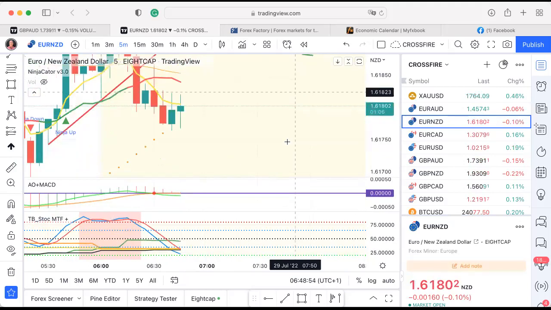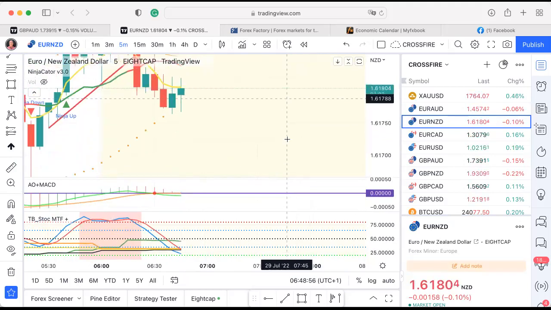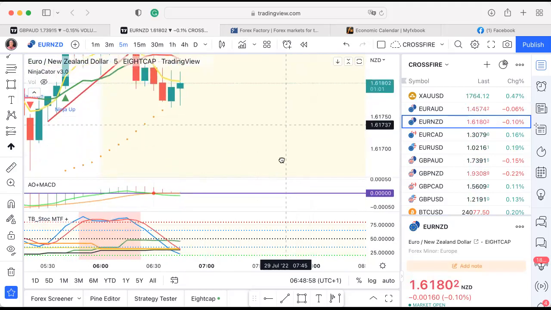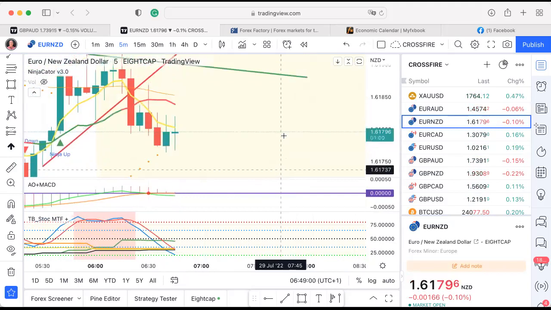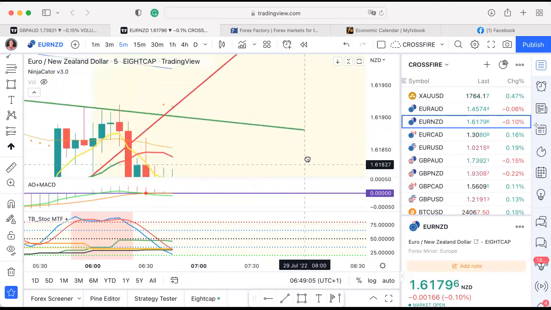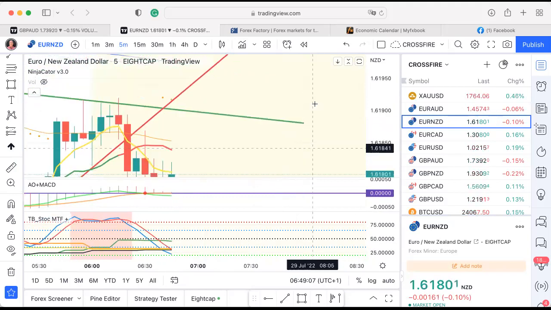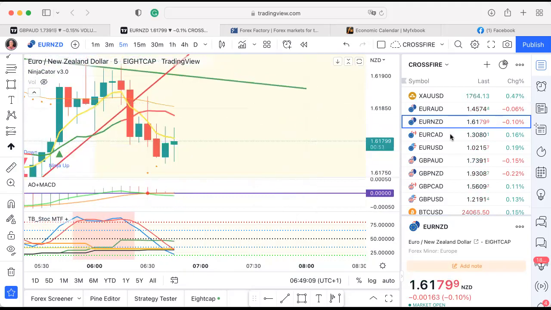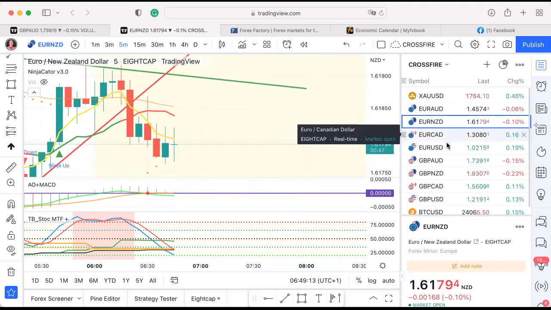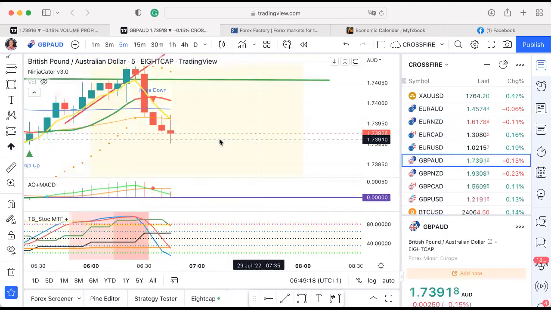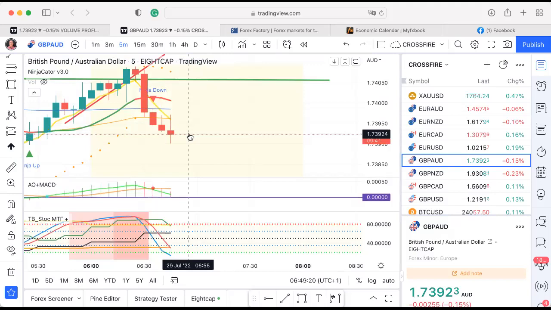Just have a look, see if we've got any targets there. No, we've got none, so the targets are above, I'm guessing. Yeah, there's a target. I tend to use those blue and purple moving averages as my targets. So this keeps trying.